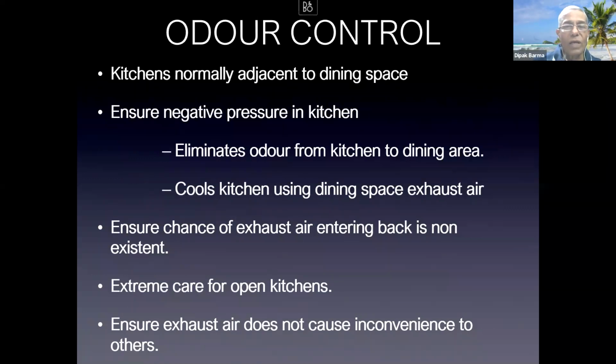Okay, now one of the things which is very, very important is odor control. Commercial kitchens are normally adjacent to dining spaces. So we have to ensure there is a negative pressure in the kitchen, which will eliminate odor from the kitchen to the dining area, and would also cool the kitchen using dining space exhaust air which gets drawn into the kitchen while exhausting the kitchen air.